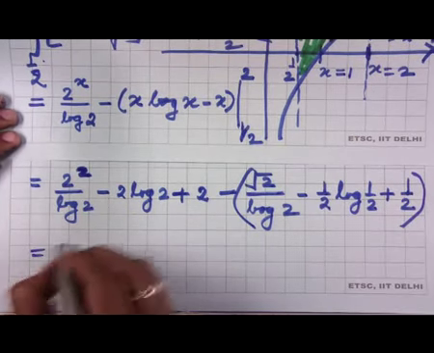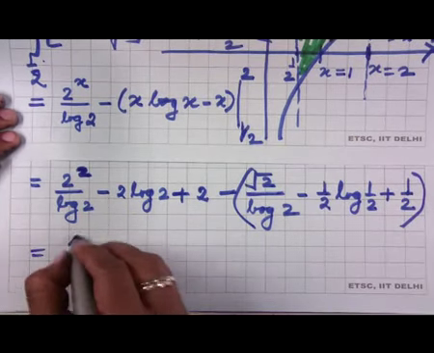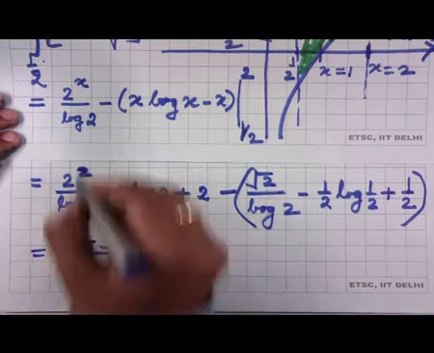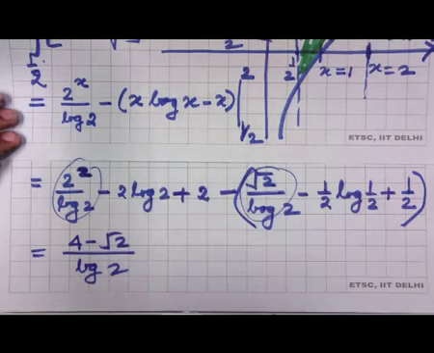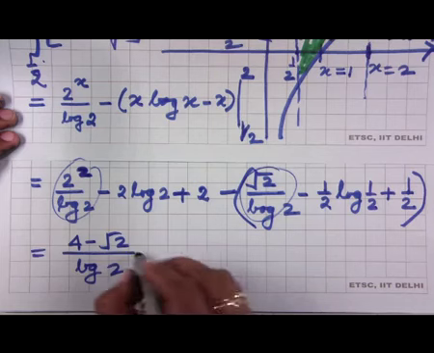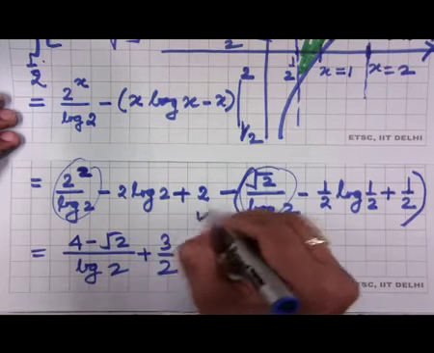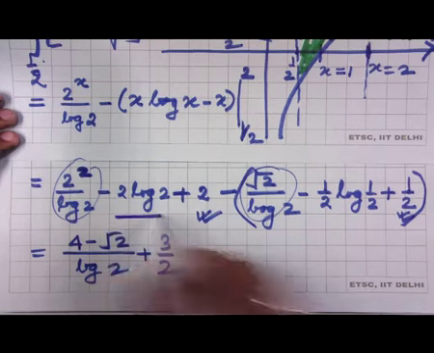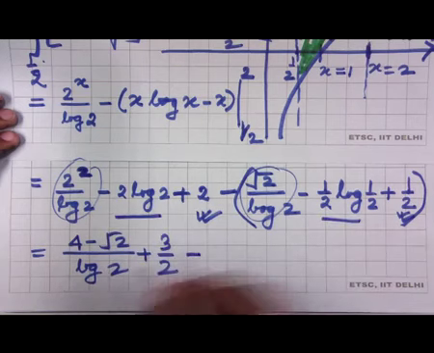So you get 4 minus root 2 by log 2 by combining these two terms, then 2 minus half will be 3 by 2 by combining these two terms, then these two terms together will give you this.